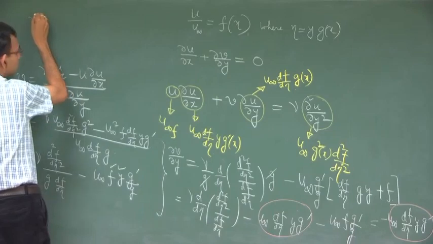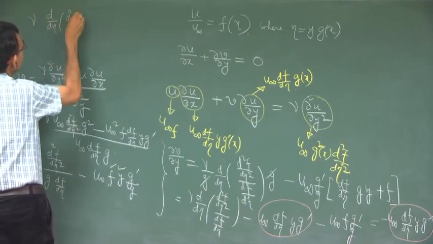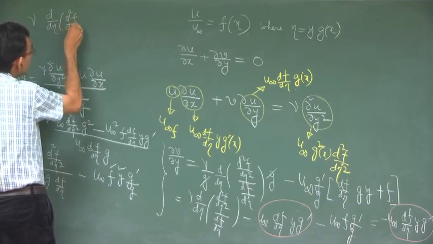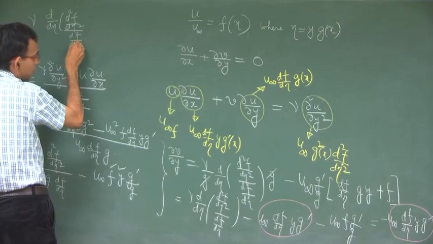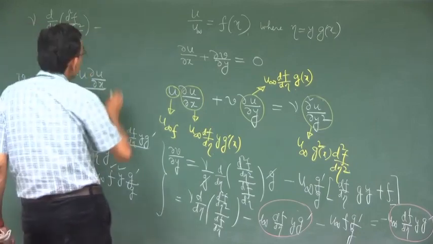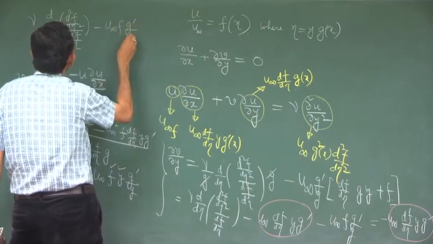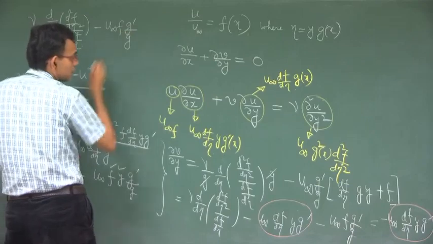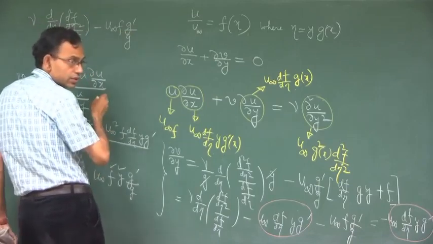nu d d eta of minus u infinity f g dash by g is equal to 0.